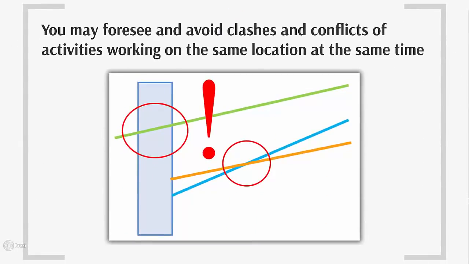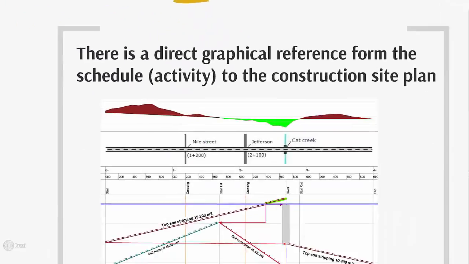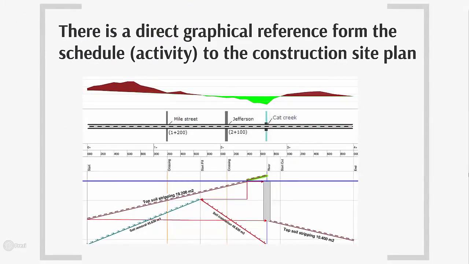You may foresee and avoid clashes and conflicts of activities working on the same location at the same time. There is a direct graphical reference from the schedule to the construction site plan. This is adding much more clarity and understanding to your schedule.